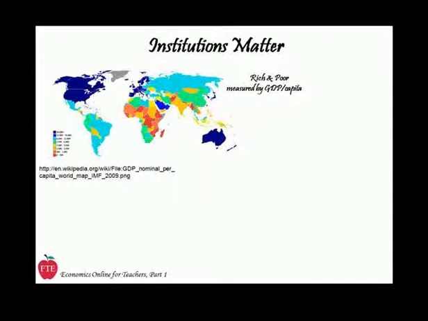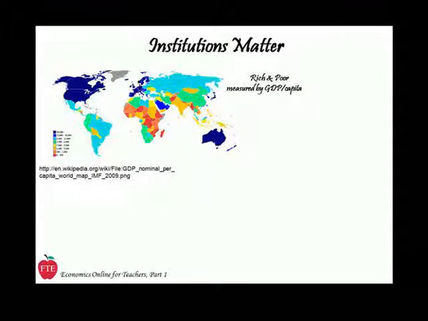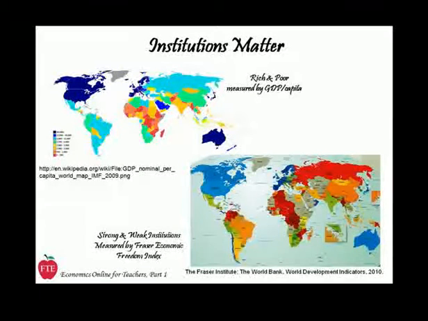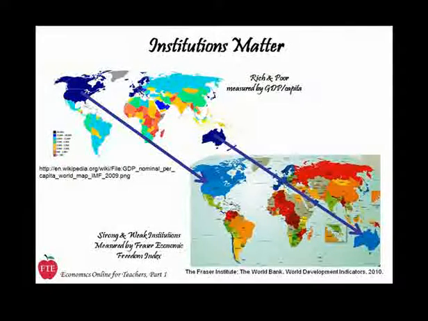The colors aren't exactly the same as in the Fraser map, but again, generally bluer is richer and redder is poorer. If we put the Fraser map next to the per capita GDP map, the correspondence is readily apparent. Bluer equals stronger institutions, richer countries. Redder equals weaker institutions, poorer countries.